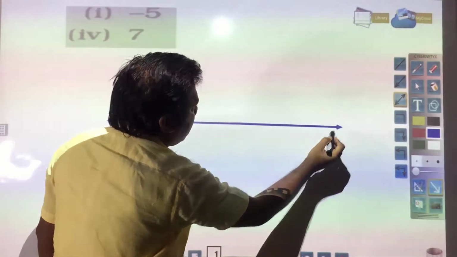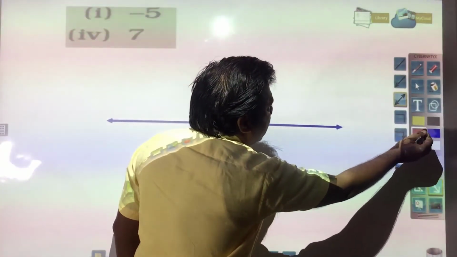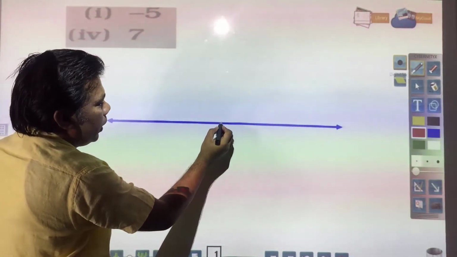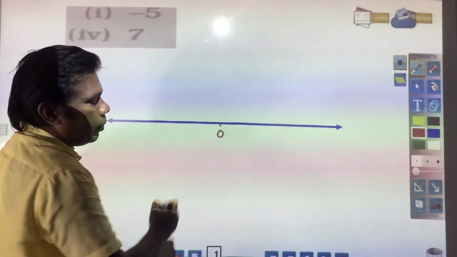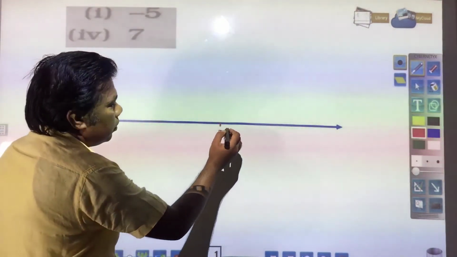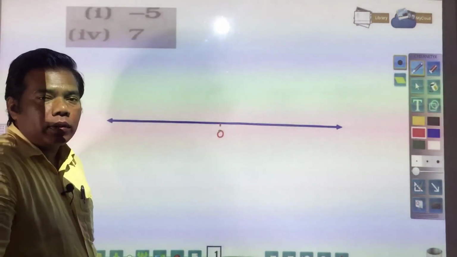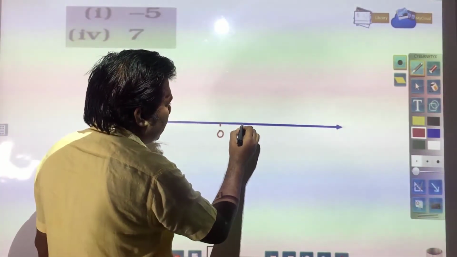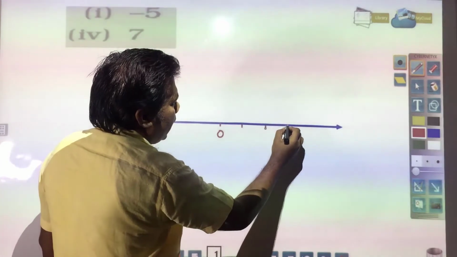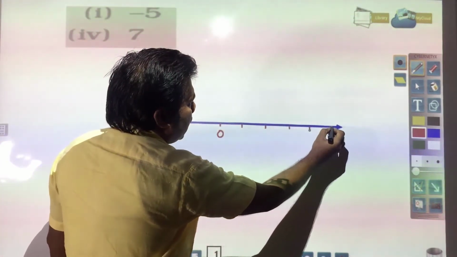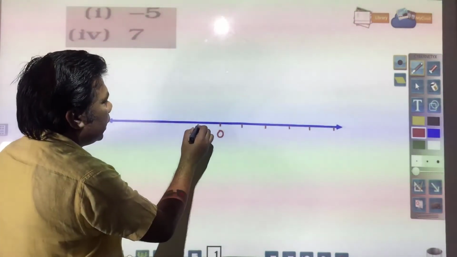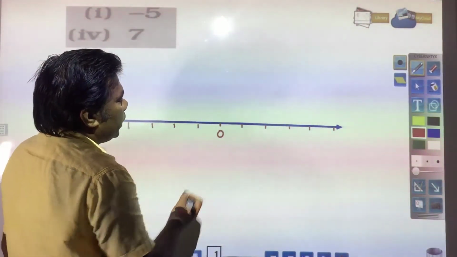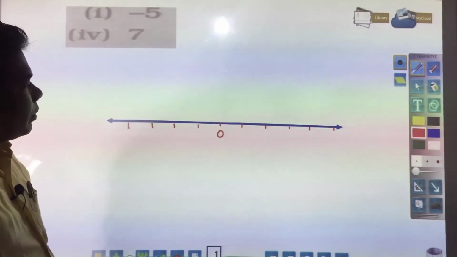in this way. Then you need to mark a middle point somewhere and there you write 0. On the right side you will have positive integers, on the left side negative integers. So, suppose you mark equal distances like this, on this side also, and here you need to show -5.